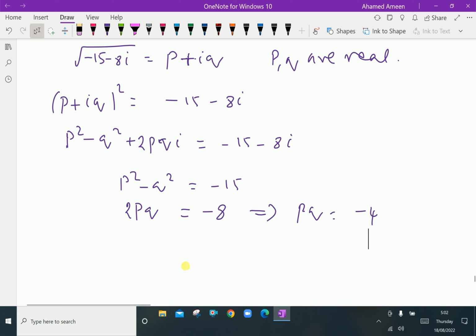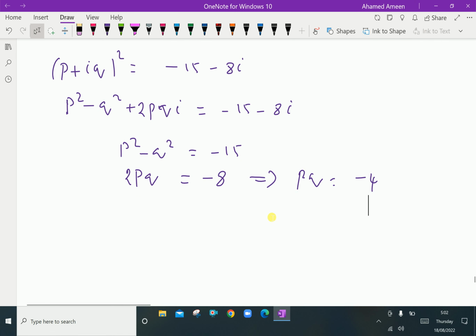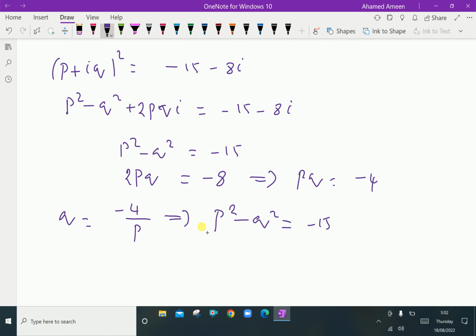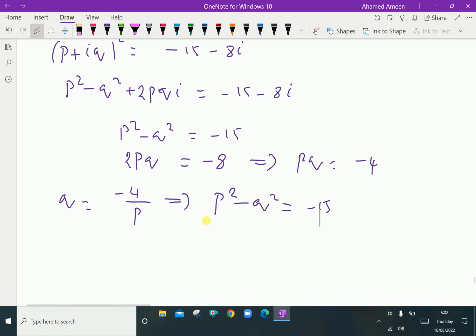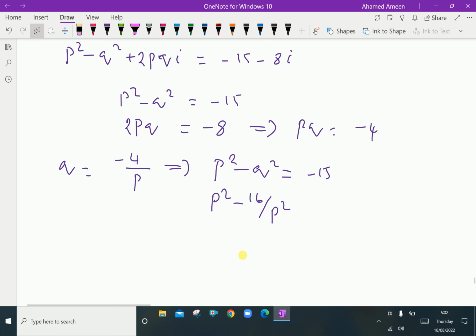Now substituting, we have q equal to minus 4 over p, and substituting into p squared minus q squared equals minus 15, we get p squared minus 16 over p squared equals minus 15.